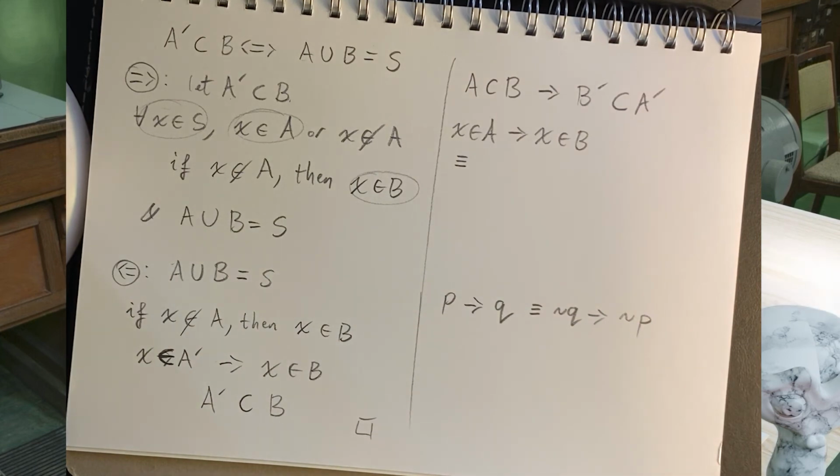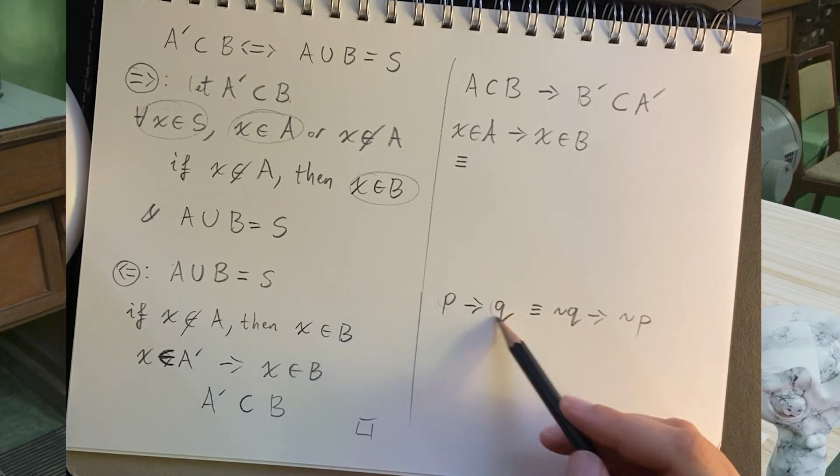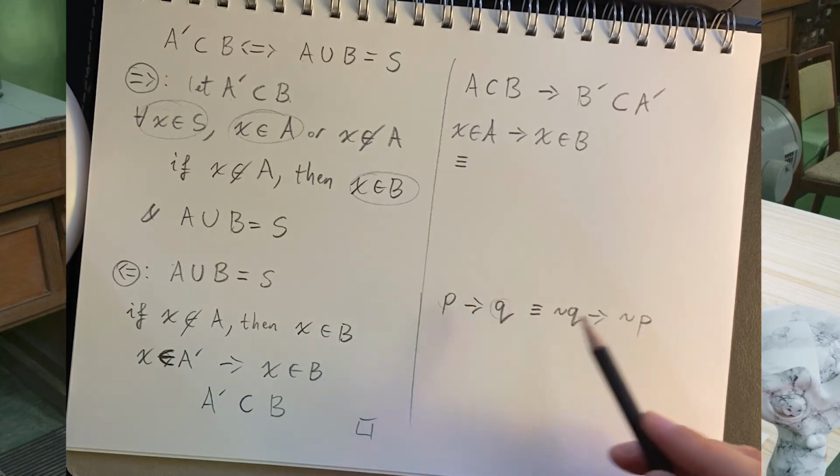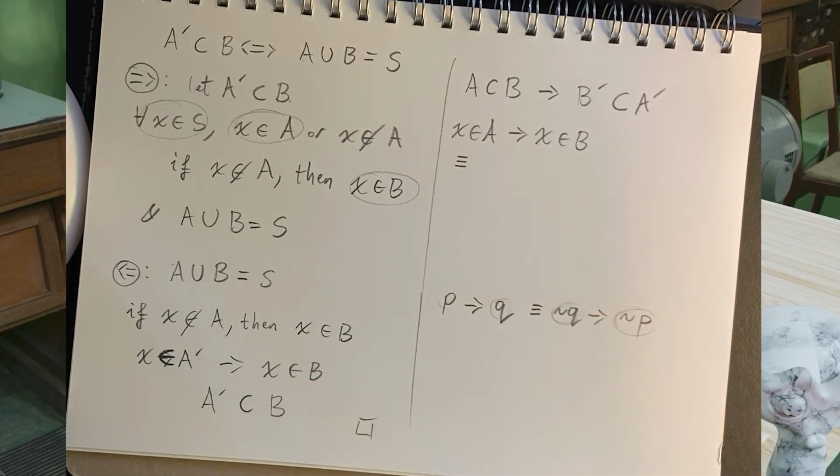Okay, so let me give a simple example here. If it's raining, there are clouds. This is equivalent to if there's no clouds, it's not raining. Okay, that's what we're doing here.